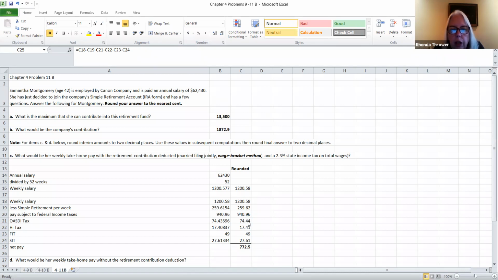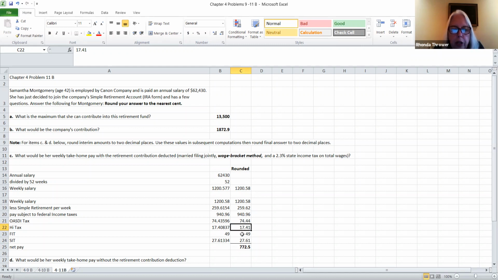The HI tax is also calculated by taking the $1,258 and multiplying it by 0.0145, and this is the rounded amount. In this column here is the rounded amount.